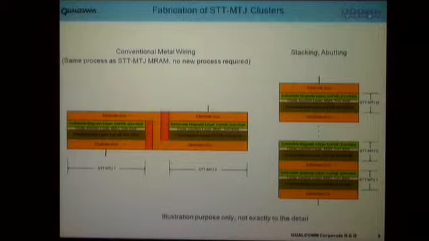Using this method, we don't need a new STT-MTJ fabrication process other than the one used for STT-RAM. If we are willing to develop a new process, we can abut the STT-MTJs or stack them. By doing this, we can have extremely high density STT-MTJ clusters, and we can have STT-RAM with multi-level cells and extremely high density.